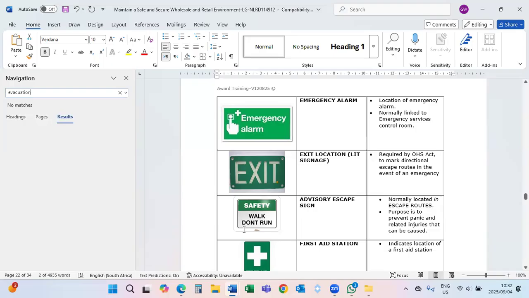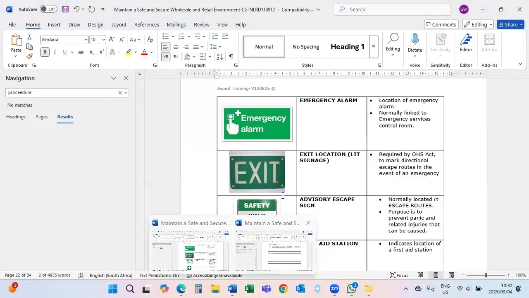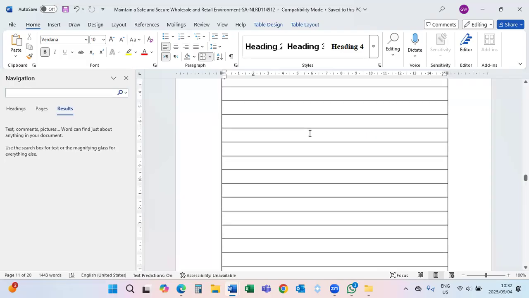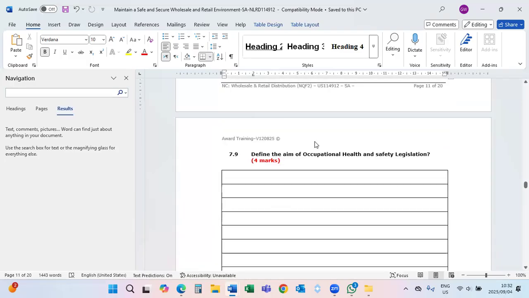No matches there. Let's go for procedure. No matches there. So, okay, let's just answer it straight out of your own experience. Find out what your evacuation procedure is. Do you sound the alarm? Do the supervisors get advised? Are people assembled at the assembly point? People must remain calm. What is the procedure at your organization or your fuel retailer?